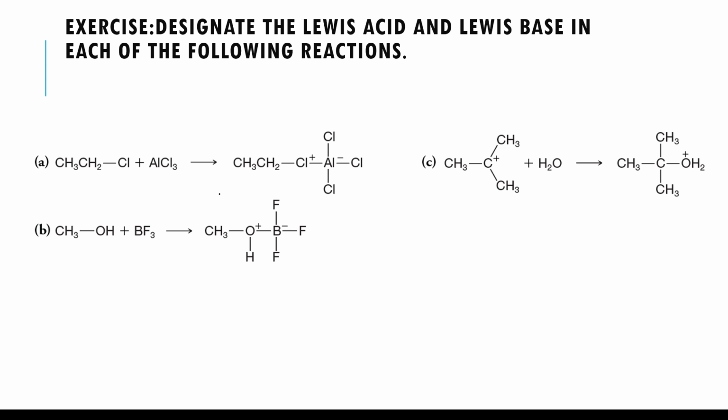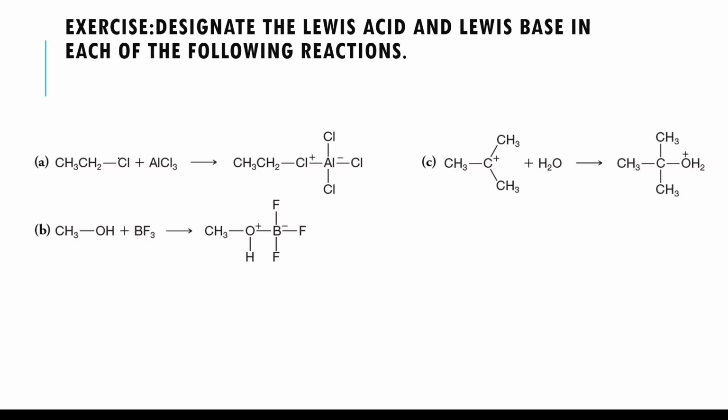In the first option, we have an alkyl halide and aluminum chloride, and this is the product. Basically, this is part of the Friedel-Crafts alkylation reaction, but you don't need to know these details. So let's look at what is happening.